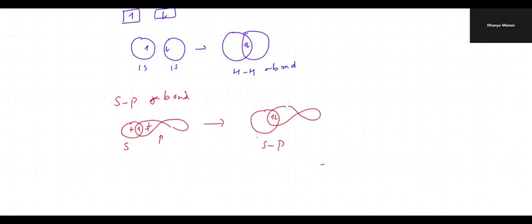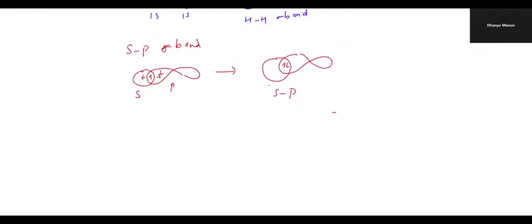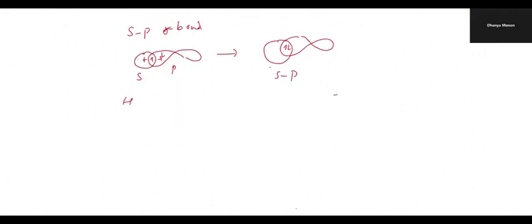Let's explain with an example. If I have the HF molecule, this is the Lewis dot structure. This is hydrogen, which is 1s1. Fluorine has atomic number 9, so 1s2, 2s2, 2p5. For hydrogen, I'm drawing the electron in the 1s orbital.